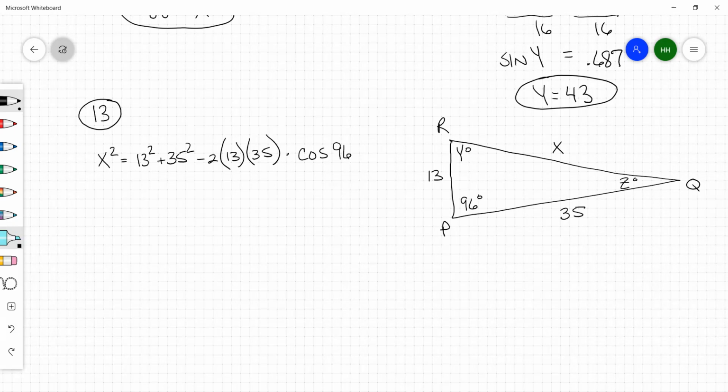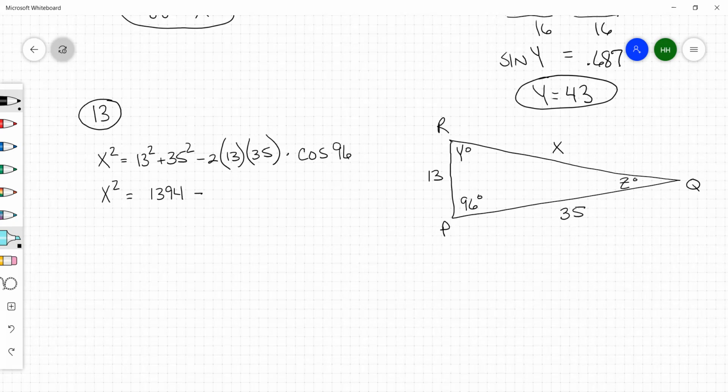So this is a straight calculator problem. X squared equals, we got 13 squared plus 35 squared, 1394, minus 2 times 13 times 35 times 96 cosine equals.